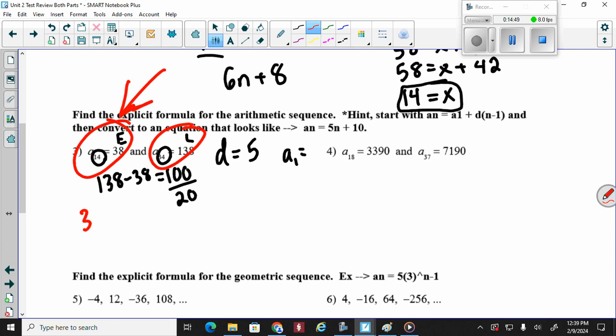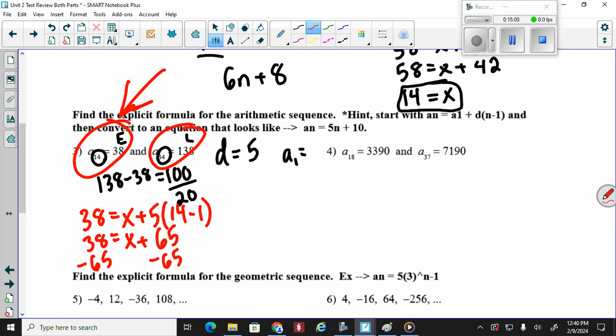So 38 is equal to my first term, x, plus 5 times 14 minus 1. 14 minus 1 is 13, times 5, so 38 is equal to x plus 65. I subtract 65 on both sides, and I get my first term, x, is equal to negative 27.